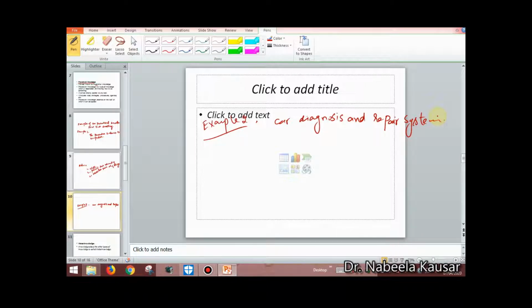As we discussed, procedural knowledge is knowledge of how to do something. So if any problem occurs in the car, the knowledge of how to diagnose that problem may be the procedural knowledge.